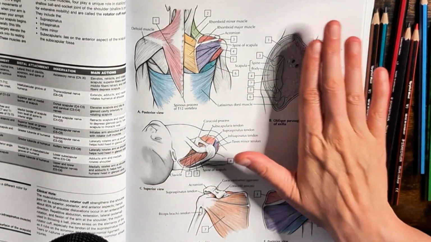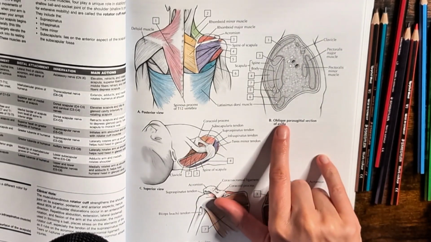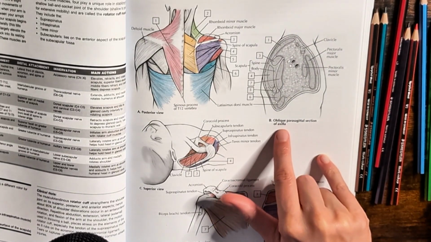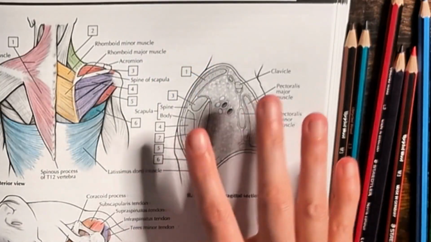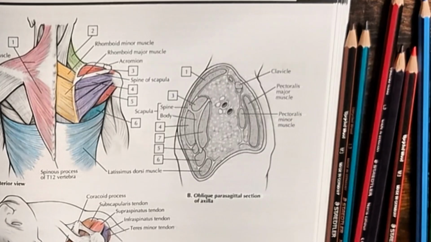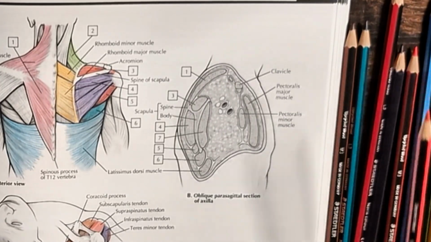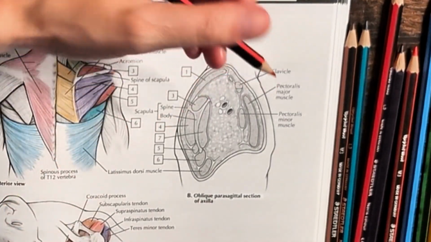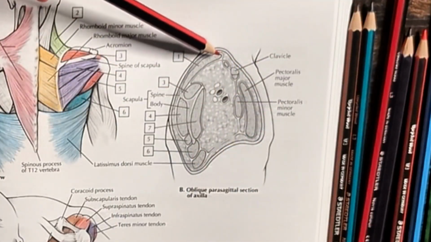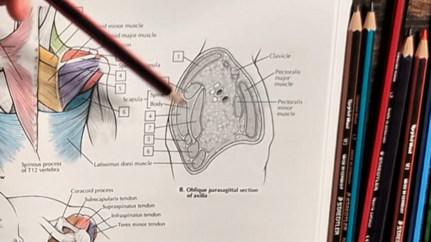Now, we're going to put it all together with this oblique parasagittal section of the axilla. So, number one, that is our trapezius. So this muscle here sits there.